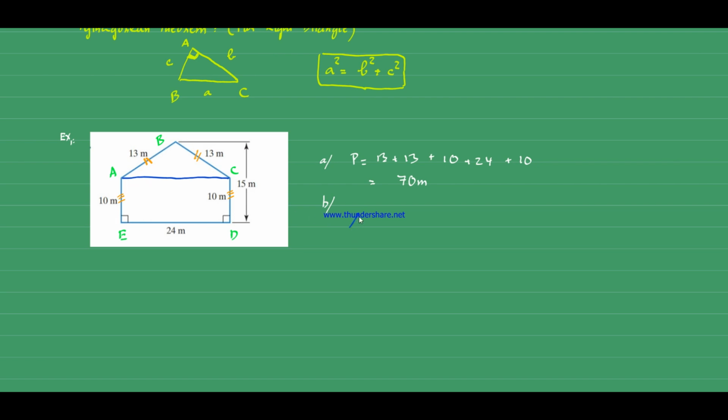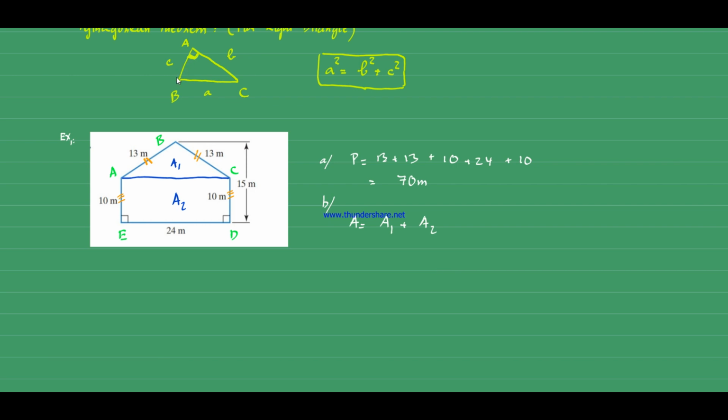So this is A1, this is A2. The area of this shape will be equal to A1 plus A2. As long as we can find A1 and A2, we add them up.